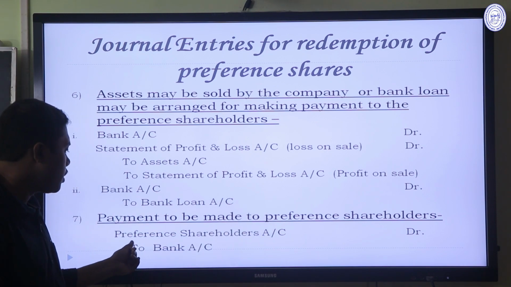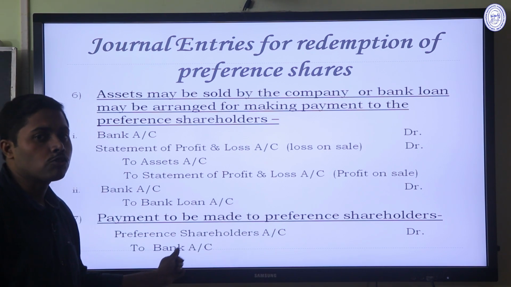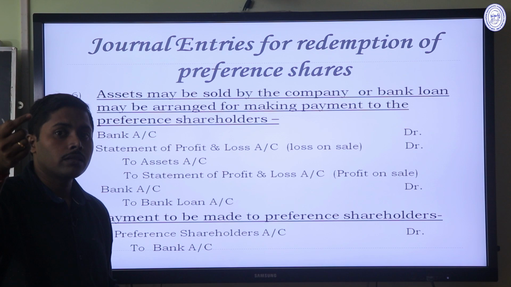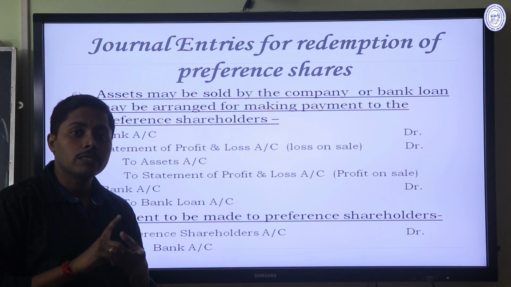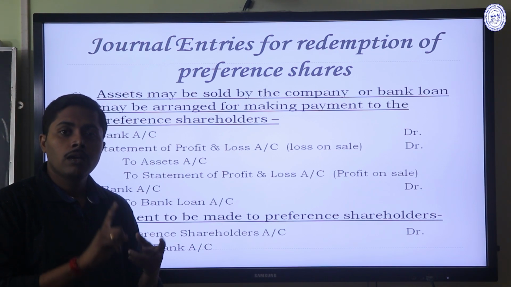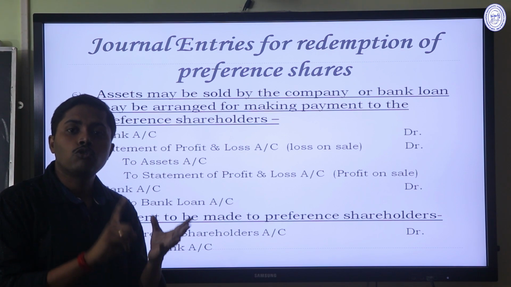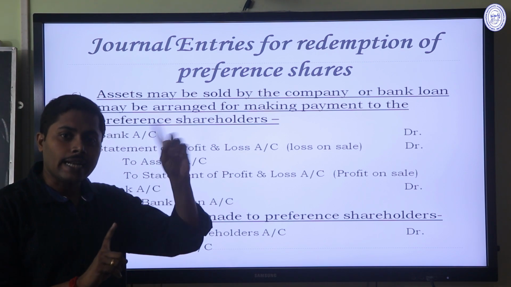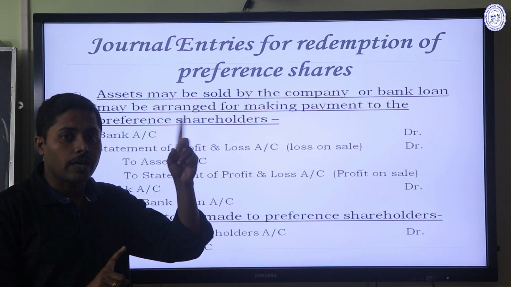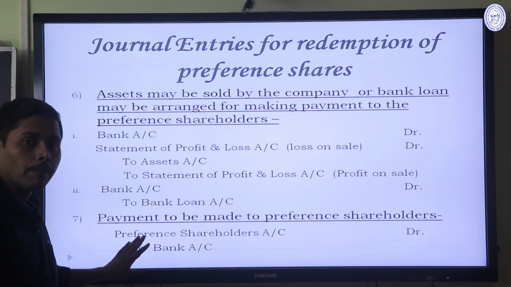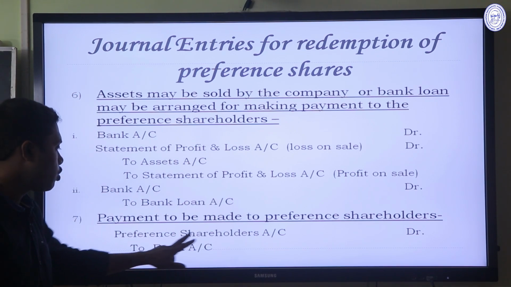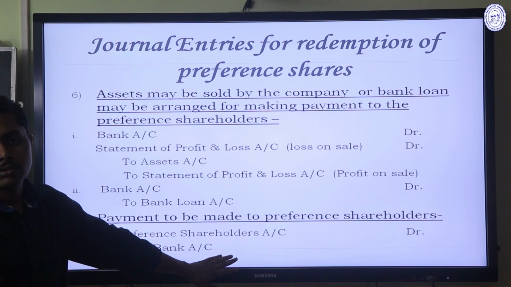So, what will be the entry? Preference shareholders account debit to bank. As you can remember, the second entry was preference share capital account debit, premium on redemption account debit to preference shareholder account. So, at that time preference shareholder was credited, now you are making payment, that is why preference shareholder account debit to bank account.